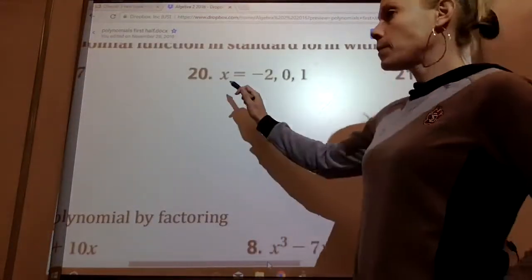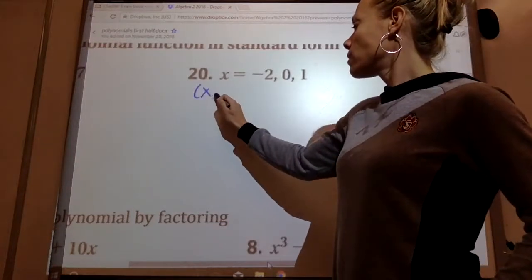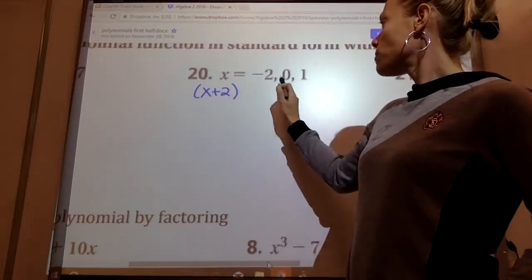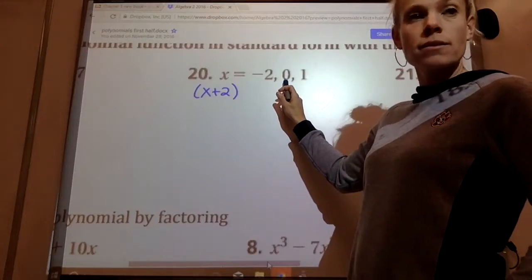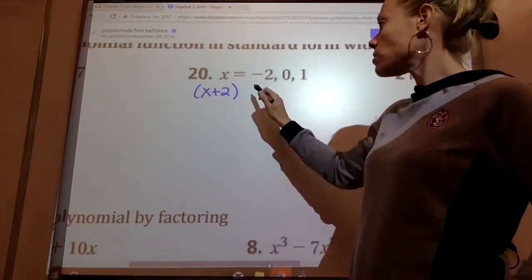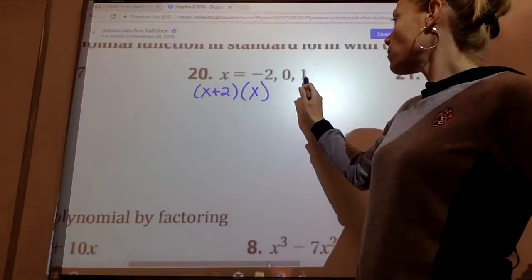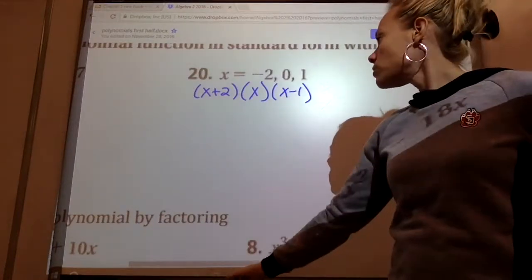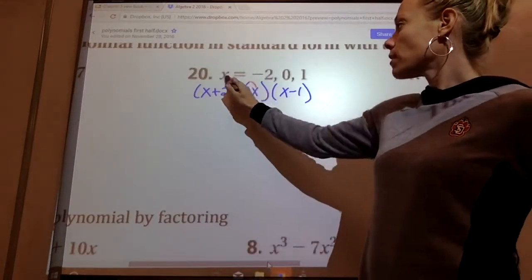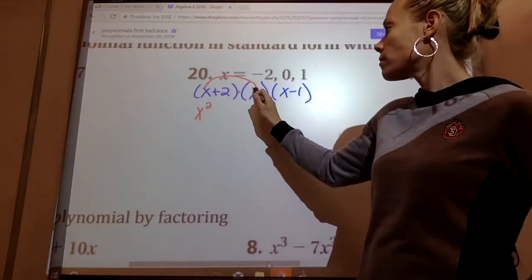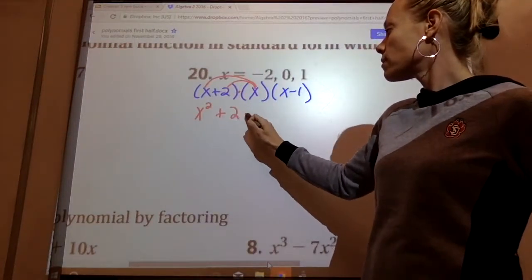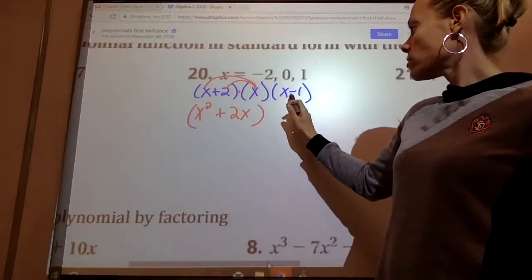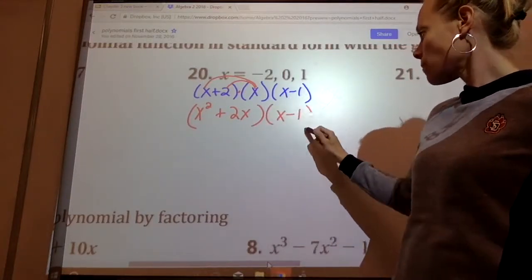In the last example here, negative 2, so x plus 2, 0, so you'd have x plus 0, which is just x, and then 1, so x minus 1. So again, I'm going to multiply these first two together, x squared plus 2x, right? But I still have this one, x minus 1, right?